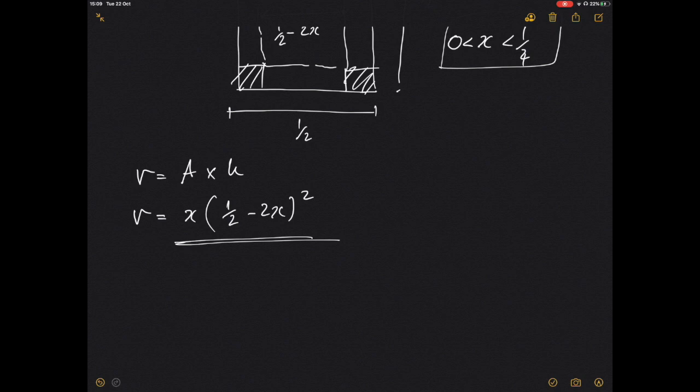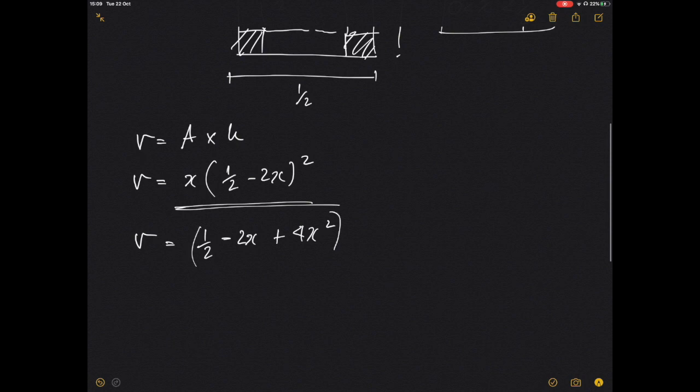So we would multiply all this out. So if we say that V equals, we'll tidy it up a bit, that would be a quarter minus 2x plus 4x squared. We have to multiply this by x, which would mean we'd have a quarter x minus 2x squared plus 4x cubed.